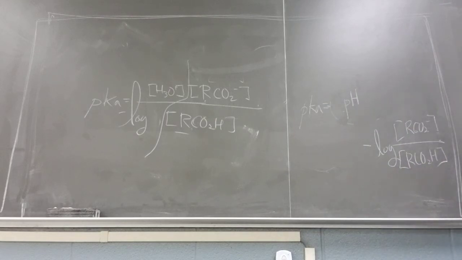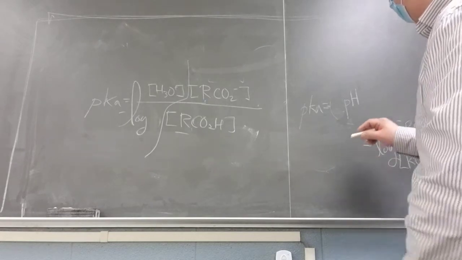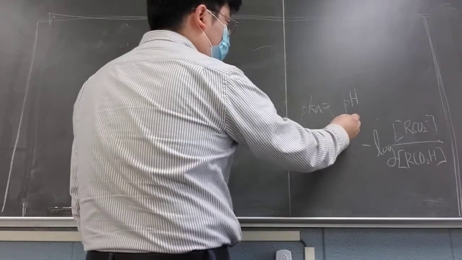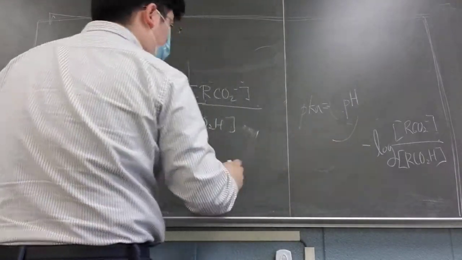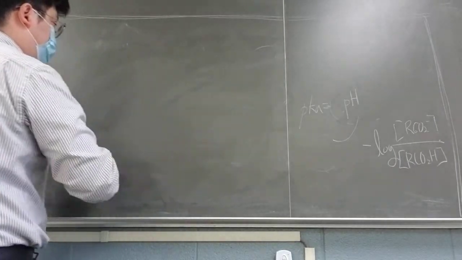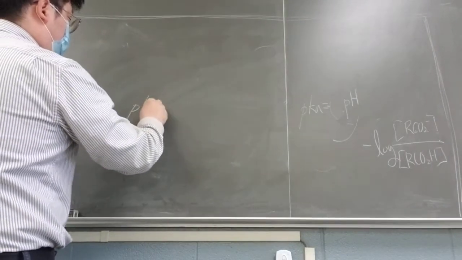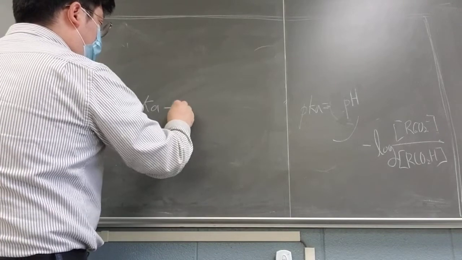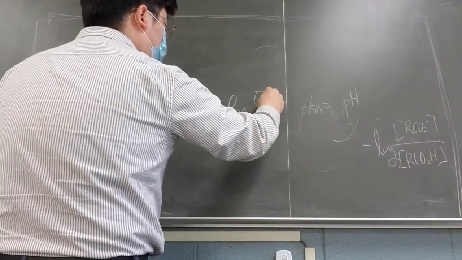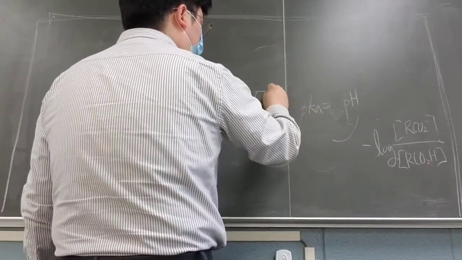So then what you can do is you can try to move this one. This is a positive. So it would be pK minus pH will be negative log of the carboxylic groups.